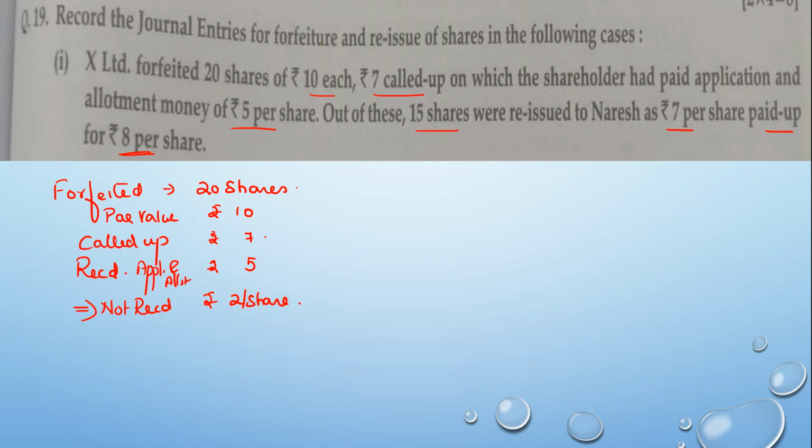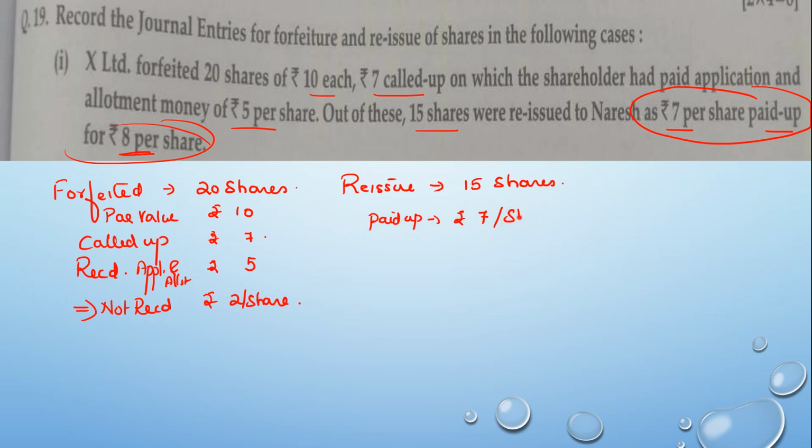And then there has been a reissue. Now how many shares are being reissued? Not the entire 20. They have said only 15 shares are reissued. And it has been reissued to Naresh as Rs 7 per share paid up for 8 rupees. So here is where you can go wrong. They are issued as 7 rupees per share, so the paid up value they are going to consider as Rs 7 per share.